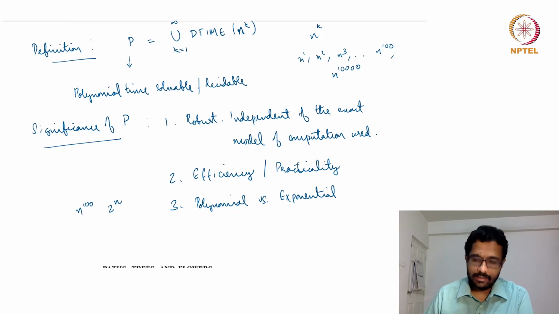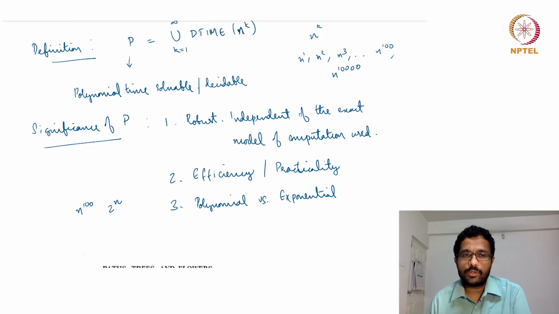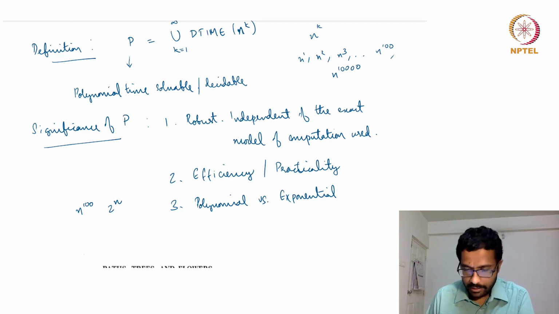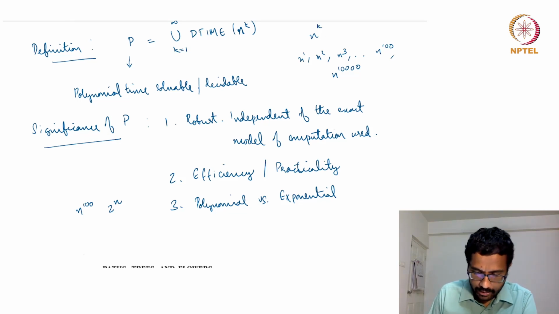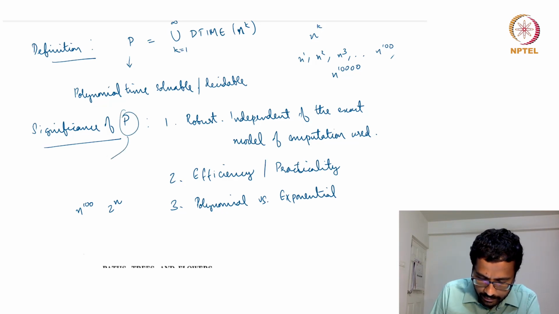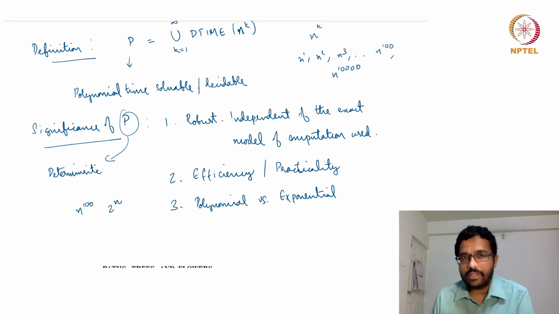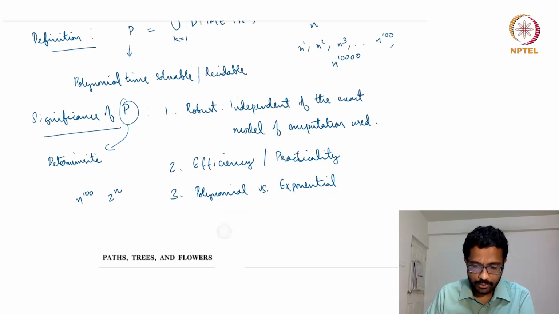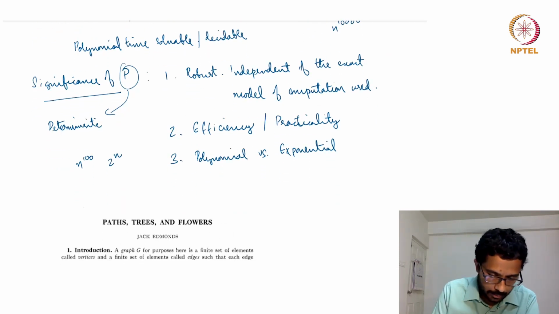And three is the fact that this is polynomial and we have to contrast it with exponential time. Again, P is a union of DTIME, so P is actually deterministic polynomial time. We'll soon see NP, which is non-deterministic polynomial time. So P is actually deterministic polynomial time.